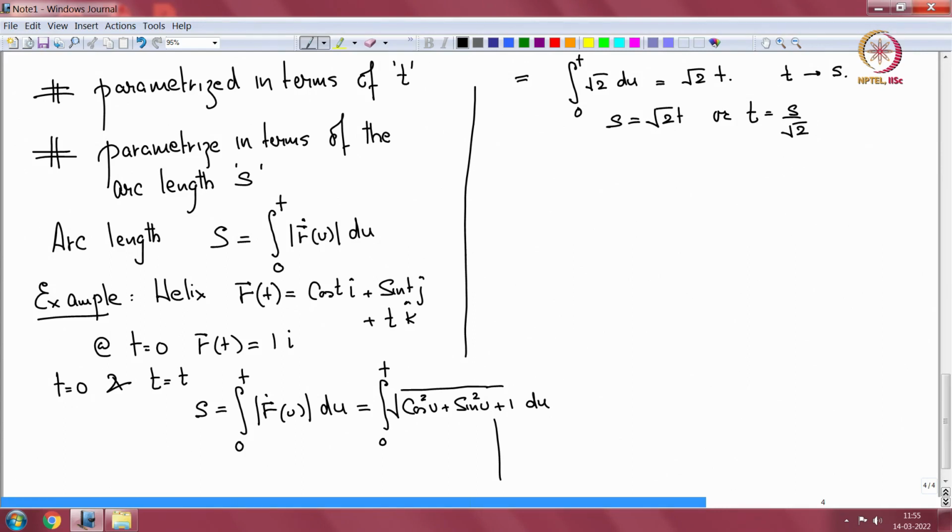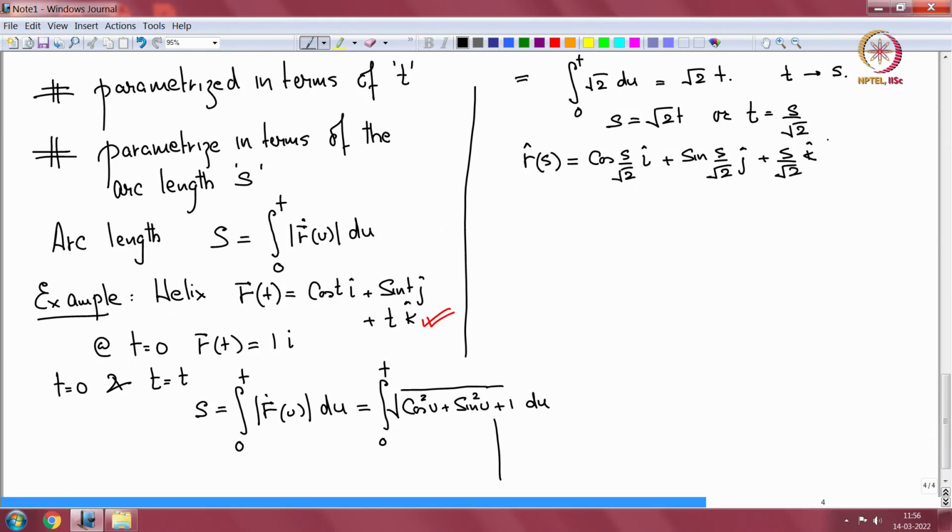So if I now substitute it in the expression with t, I get r hat of s is equal to cos(s by root 2) i plus sin(s by root 2) j plus (s by root 2) k.